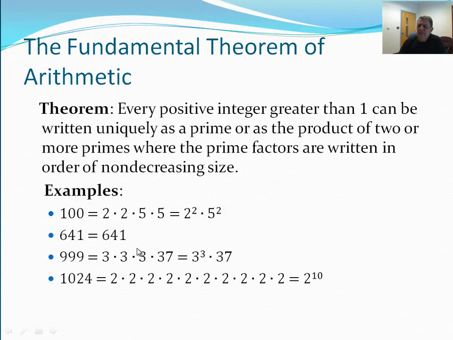Every positive integer greater than 1 can be written uniquely as a prime or as the product of 2 or more primes, where the prime factors are written in order of non-decreasing size. This is a very interesting thing. If a number is prime, that means it's divisible by 1 and itself only, so we can write it only in the form of 1 times itself.